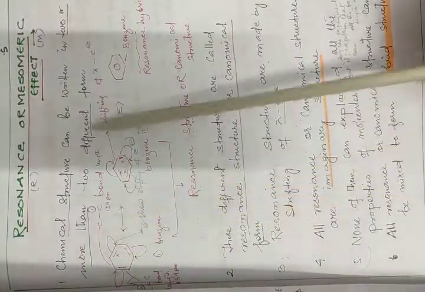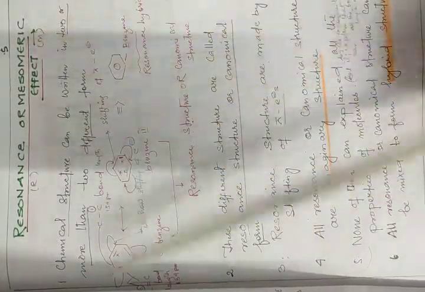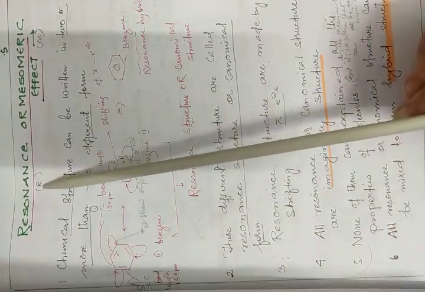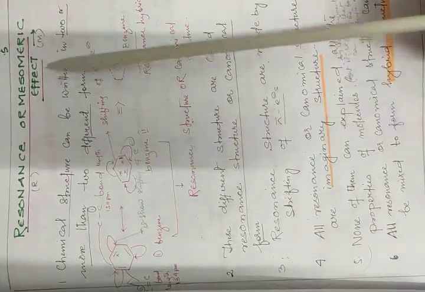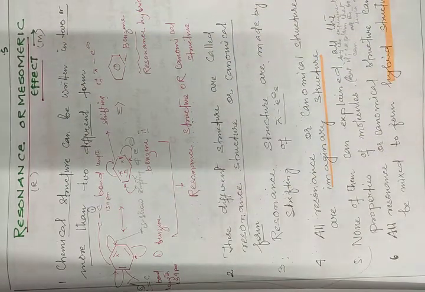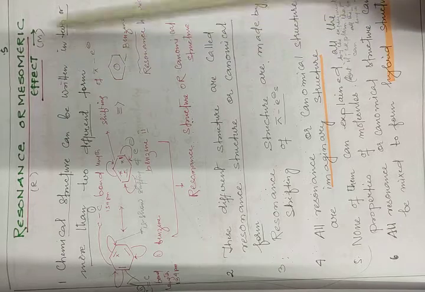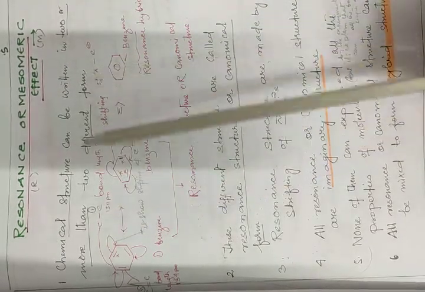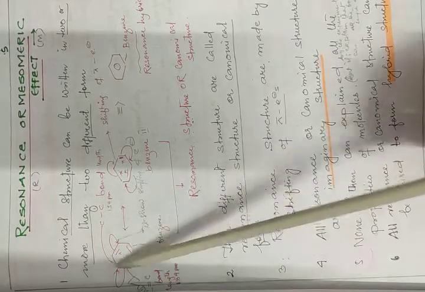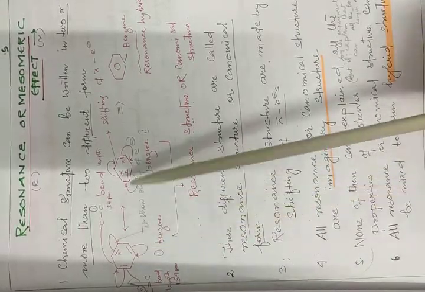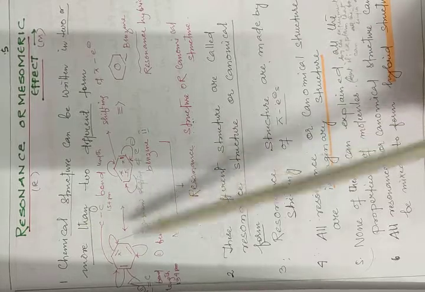Now next is resonance or mesomeric effect. Resonance is represented as R, and mesomeric is represented as M. Here chemical structures can be written in two or more different forms.